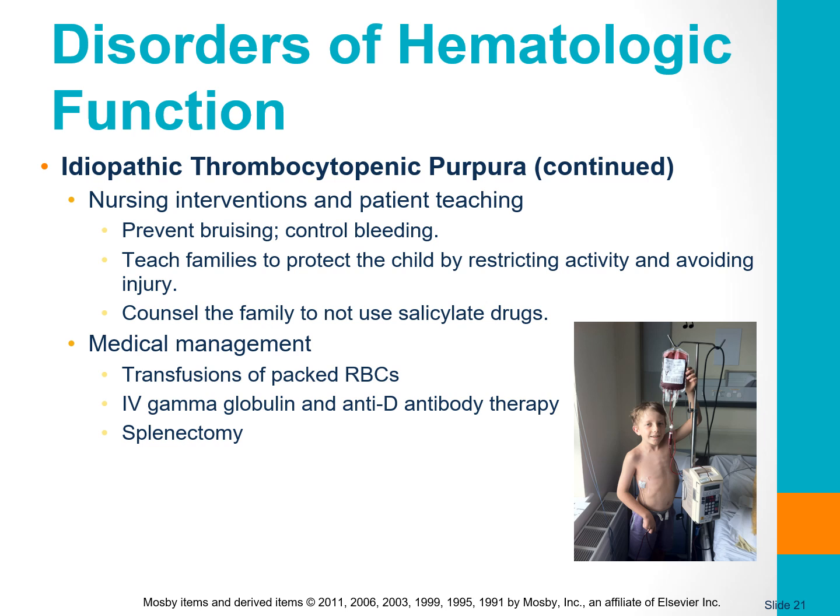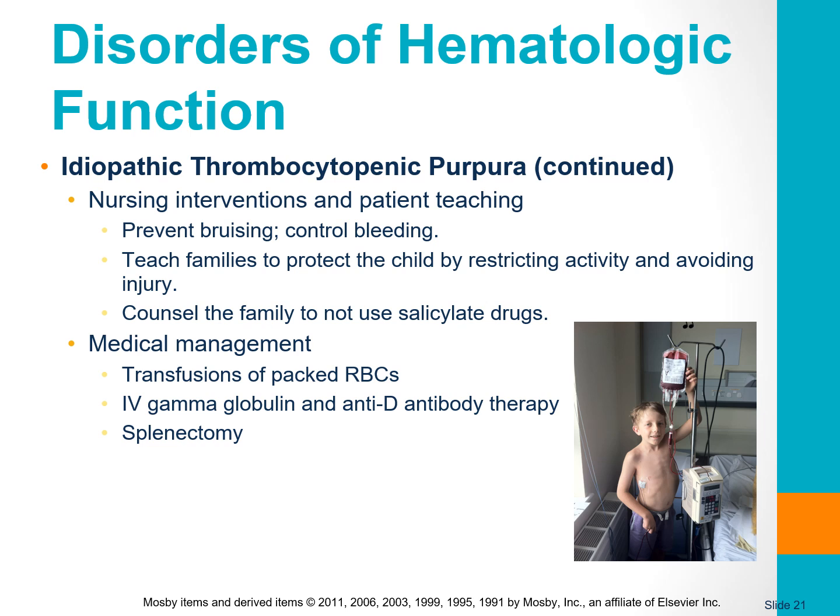When it affects 2 to 10-year-olds, that's difficult to tell them to be careful. And then also, we should be teaching families not to use salicylate drugs like aspirin and Advil, because they can cause increased bleeding time.